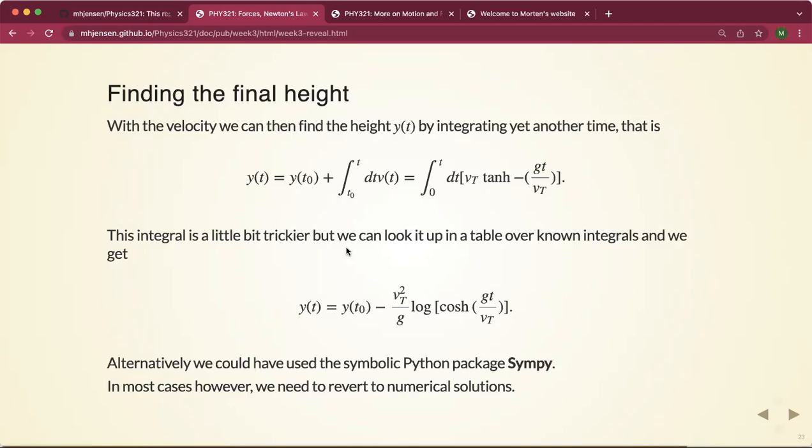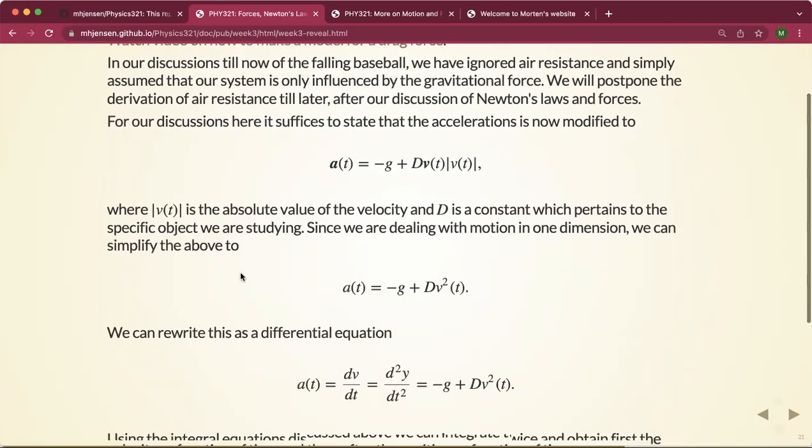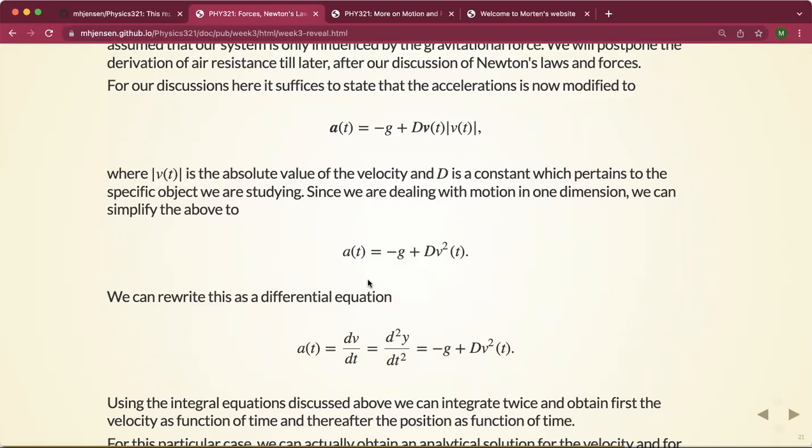Now, the thing we can do now is to start looking at how we program it. So if we go back to the previous slide here, what we had then is actually an expression for the acceleration. If you look at this middle expression for the acceleration, this is the one you have to program.